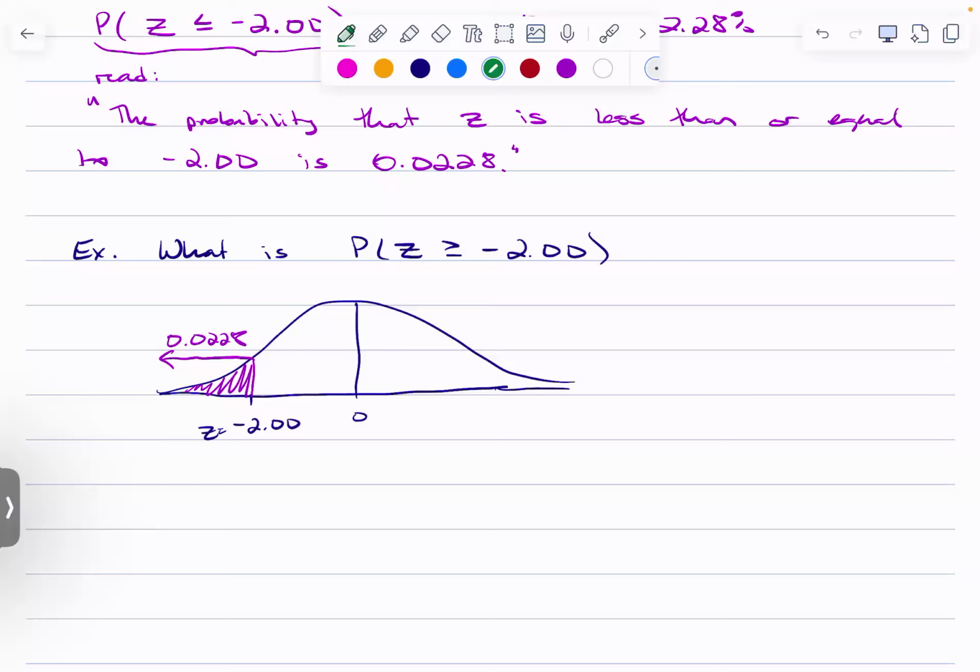But what we want to find is this area, right? From this point, I want to move all the way over here. That's going to be 1 minus 0.0228, which is 0.9772.